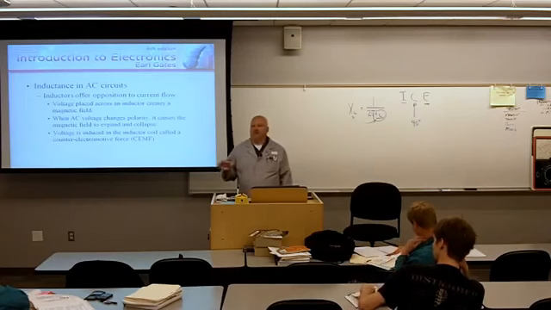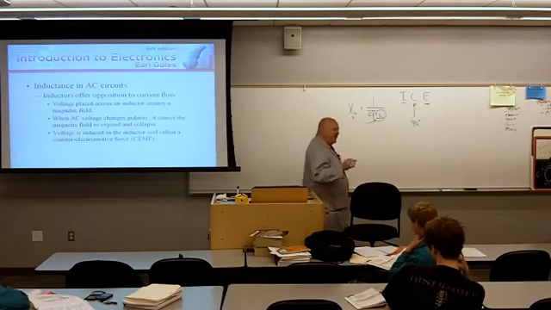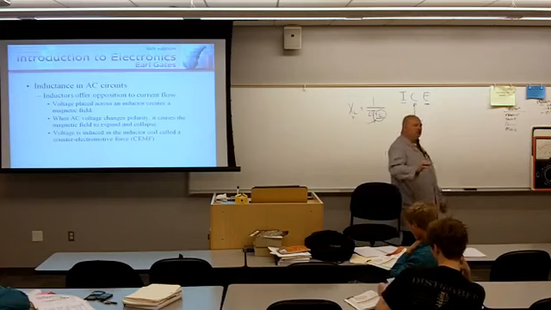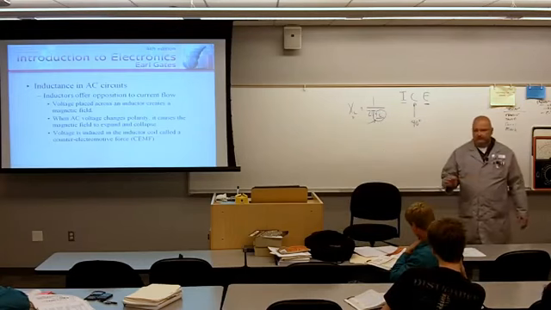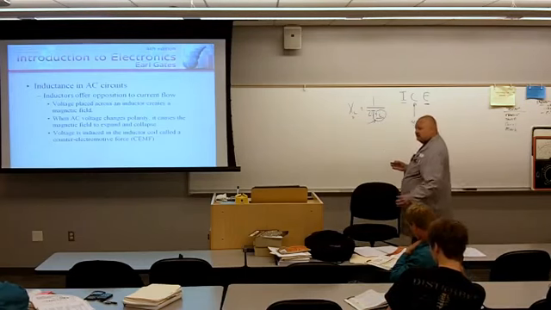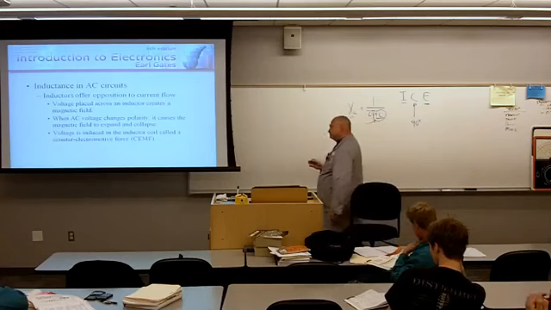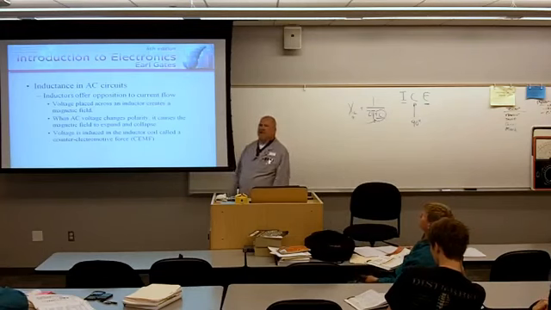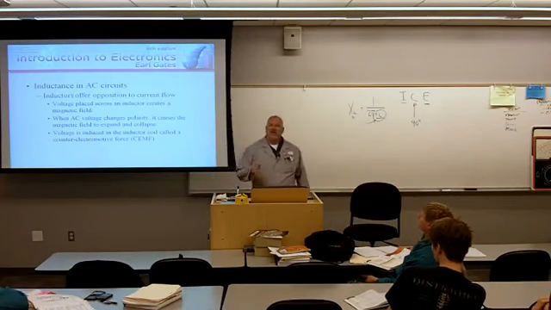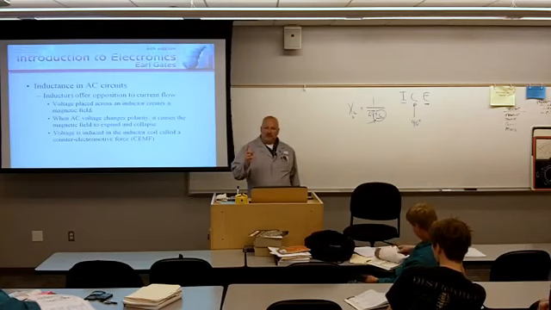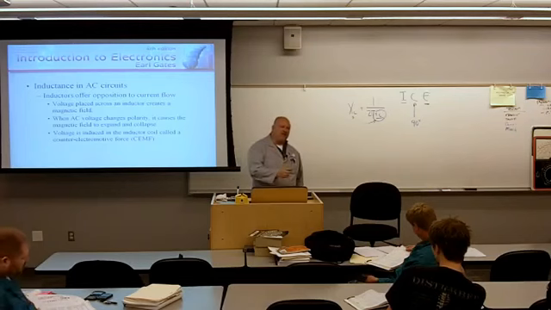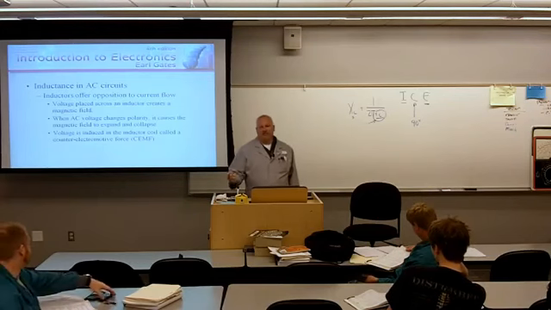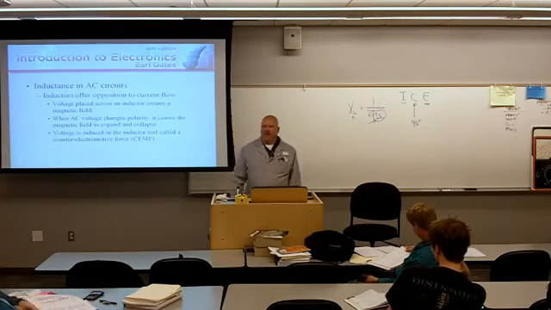Now the big thing to remember about AC is alternating current. 60 hertz. The 60 hertz that's coming out of our wall here in North America goes positive 60 times a second. There are 60 negative alternations per second of what's coming out of that wall.